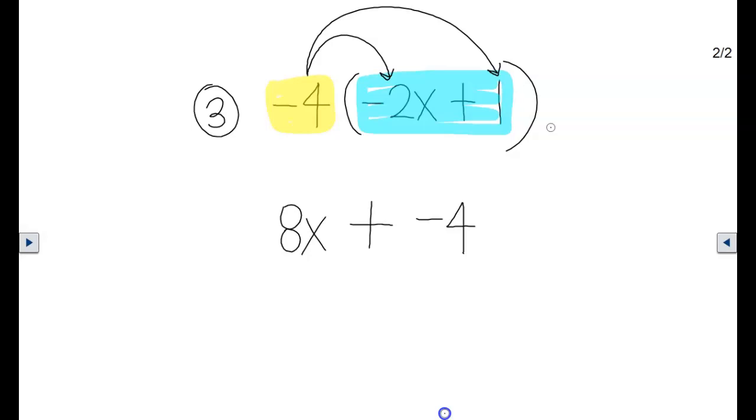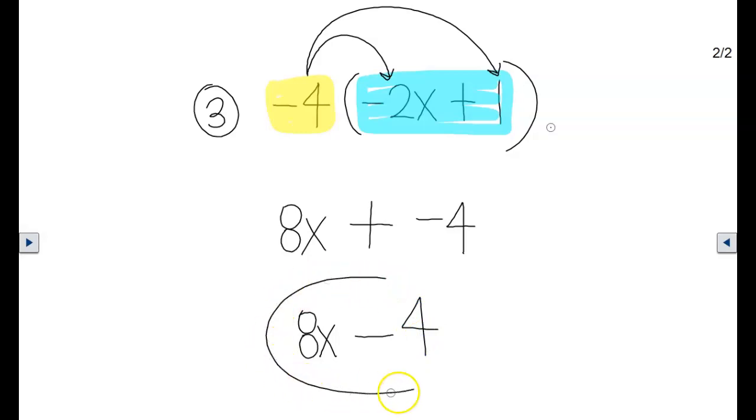Don't love it, so we're going to keep it, change it, change it. So we're going to keep it, 8x, change it, plus to minus, change it, -4 to +4. So this is the answer that I want from you. I want 8x minus 4. Notice your 8x was positive and still is.